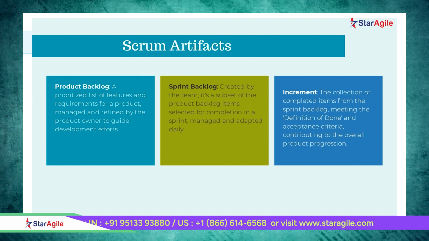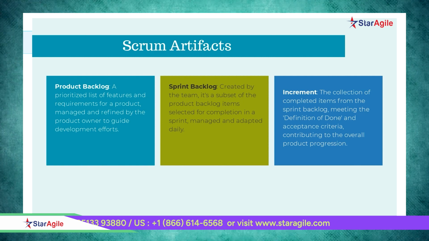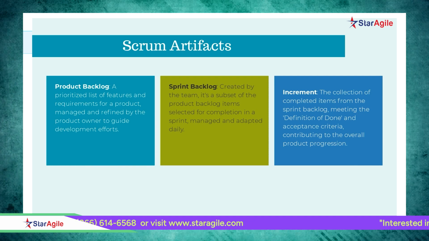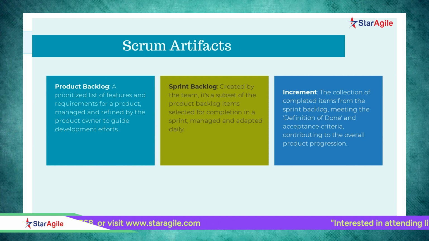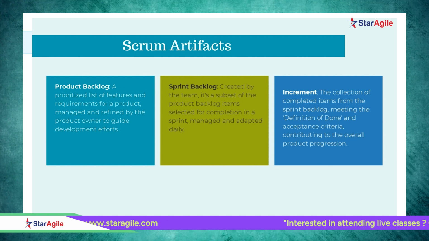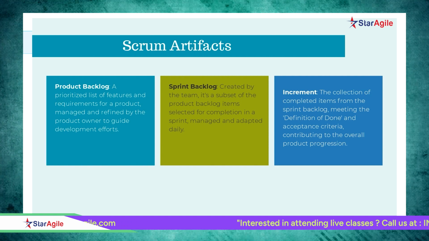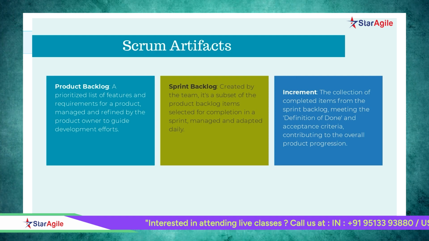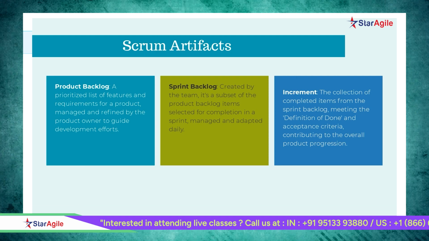The increment serves as a tangible measure of progress and allows stakeholders to see the value being delivered with each iteration. These artifacts work together to provide visibility, transparency, and alignment within the Scrum team and with stakeholders.